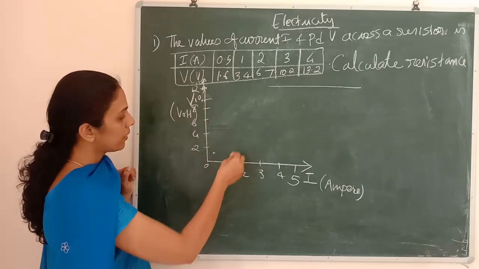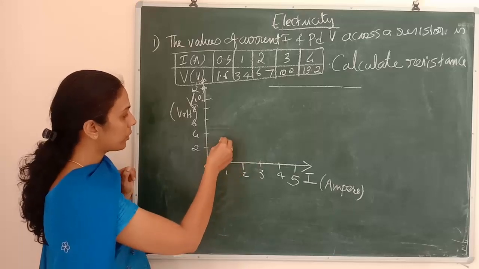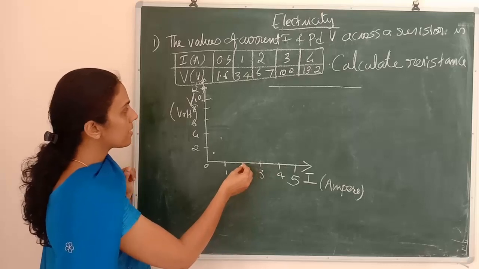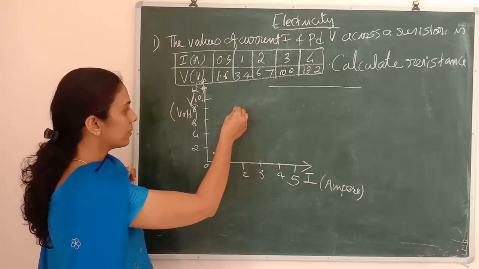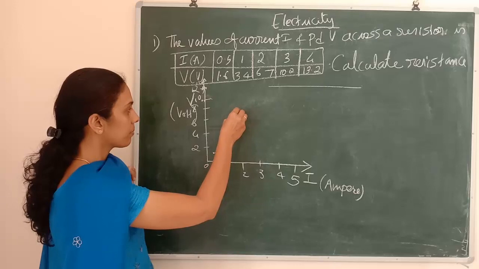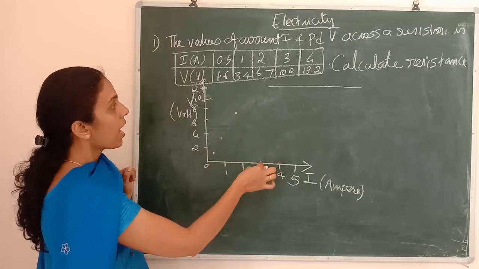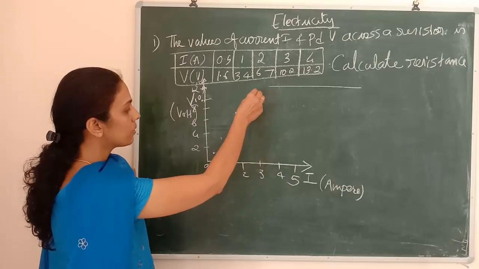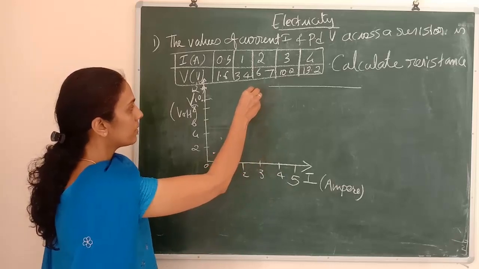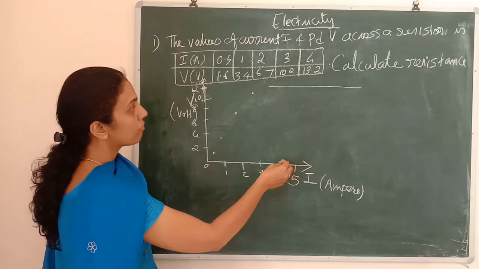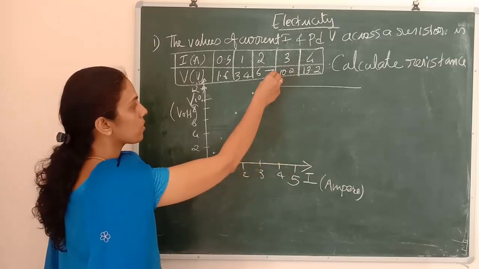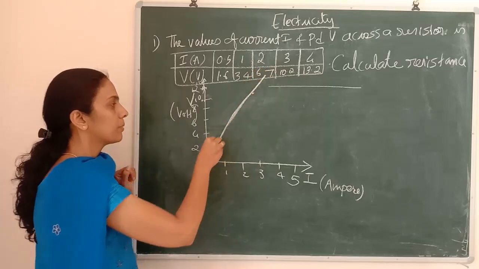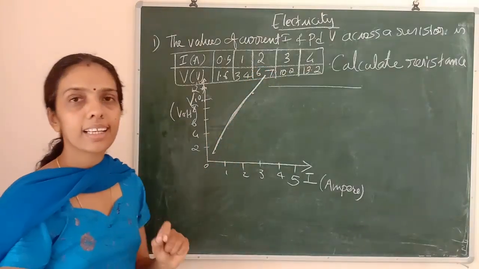For 1 it is 3.4, for 2 it is 6.7, for 3 it is 10.2, and for 4 it is 13.2. So we will get a straight line graph like this.